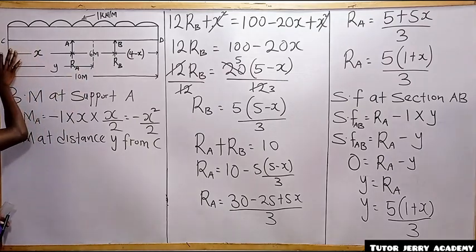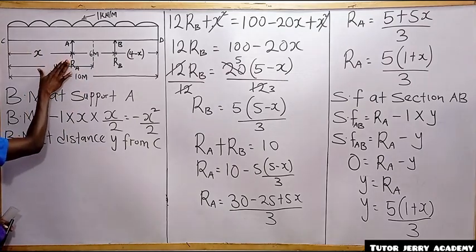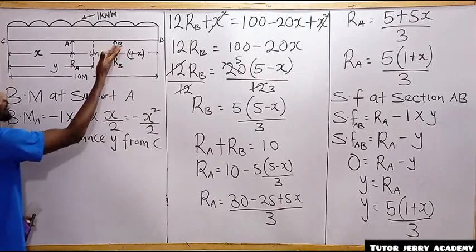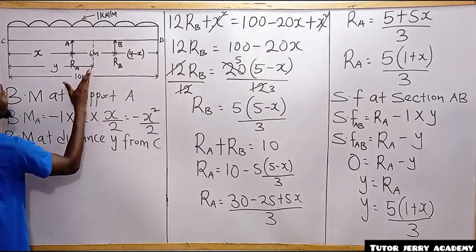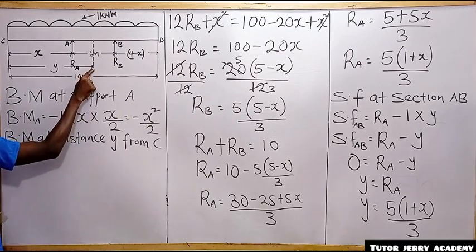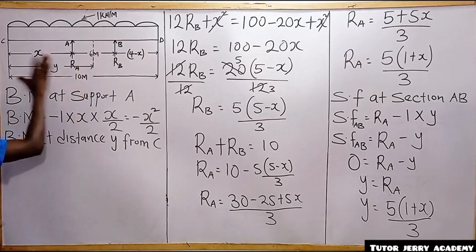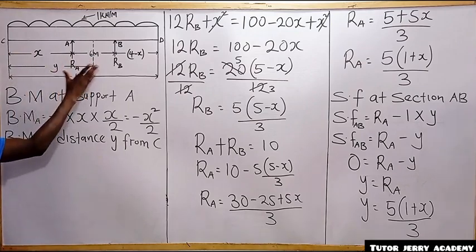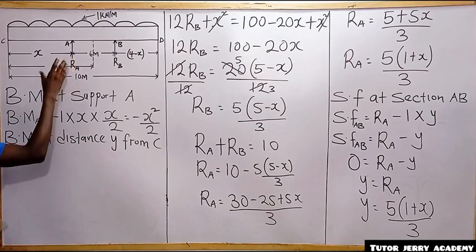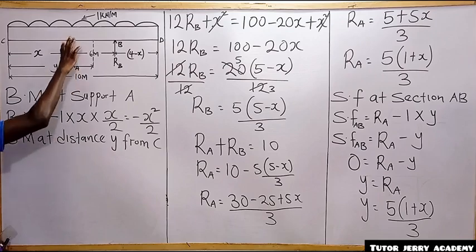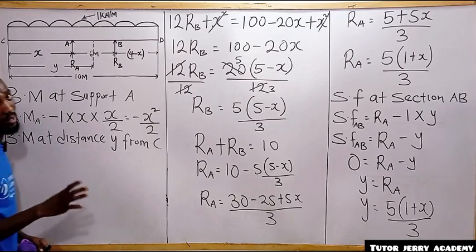It can be at support A, and can also be at support B. But since we are taking a distance from this point to this point here, we are taking our negative bending moment and maximum bending moment to be at support A. Don't know if you understand that.